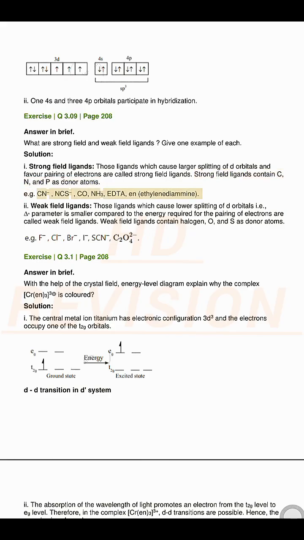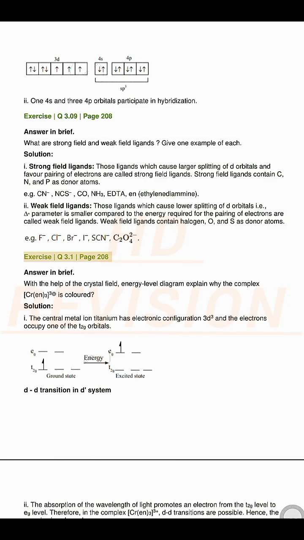E.g., CN-, NCS-, CO, NH3, EDTA, and ethylenediamine. II. Weak field ligands. Those ligands which cause lower splitting of d orbitals, i.e., the crystal field splitting parameter is smaller compared to the energy required for the pairing of electrons, are called weak field ligands. Weak field ligands contain halogen, O, and S as donor atoms.